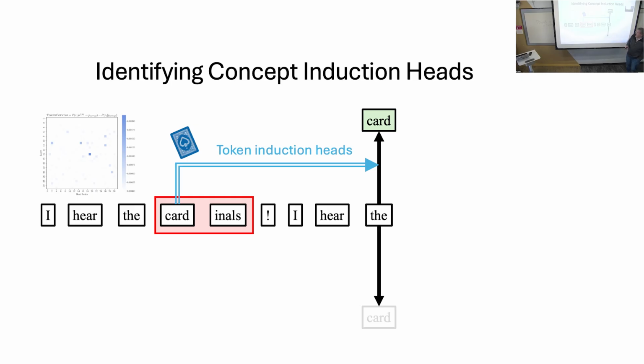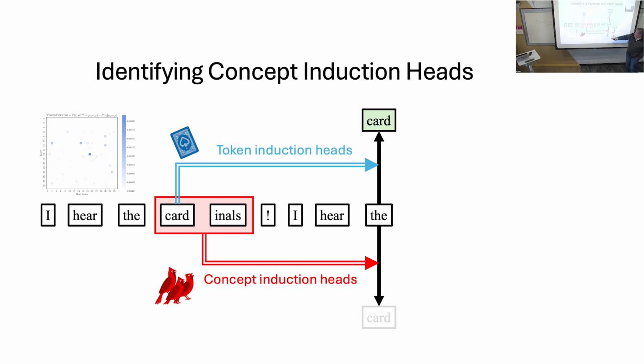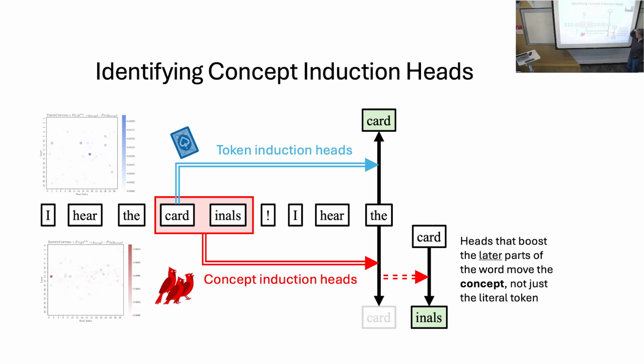And so what Sheridan found out was you had this other set of heads that basically look back, and instead of attending to card, they attend to a token ahead.